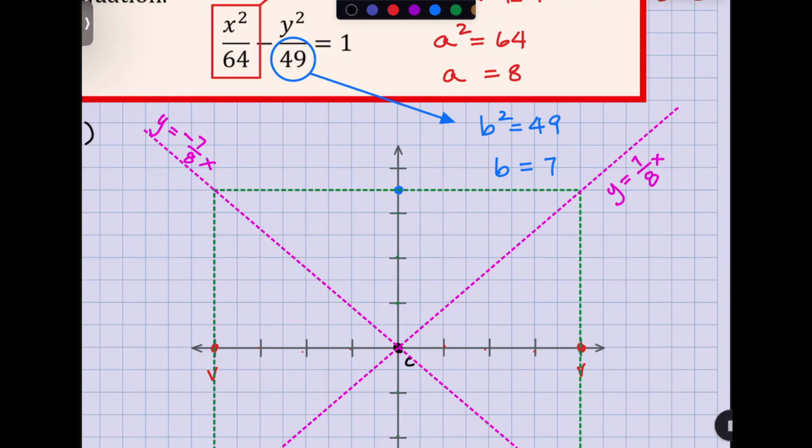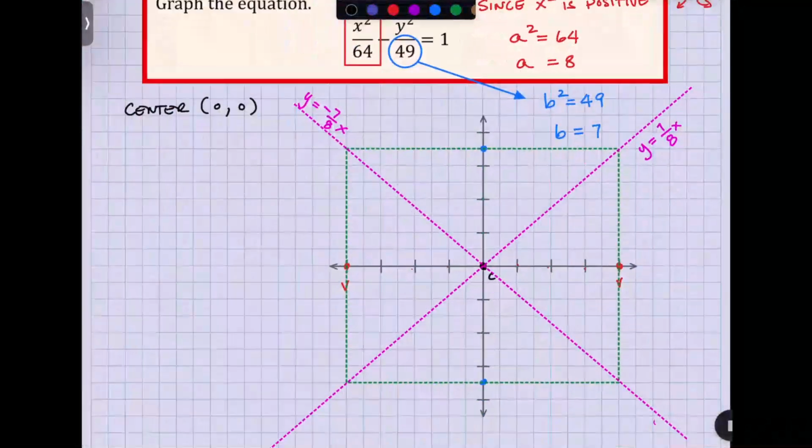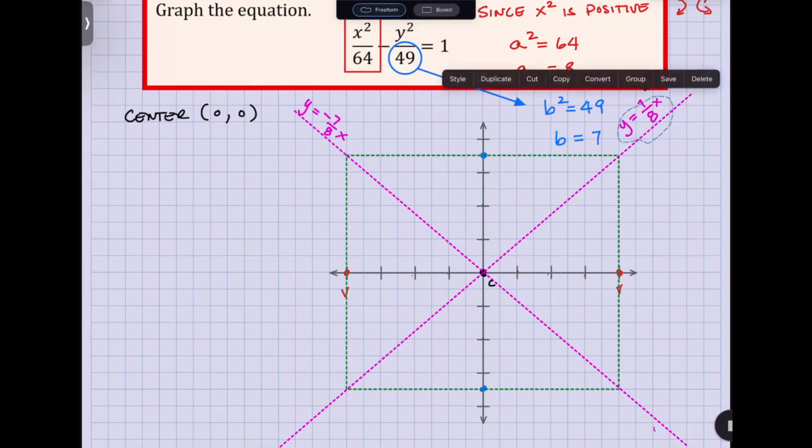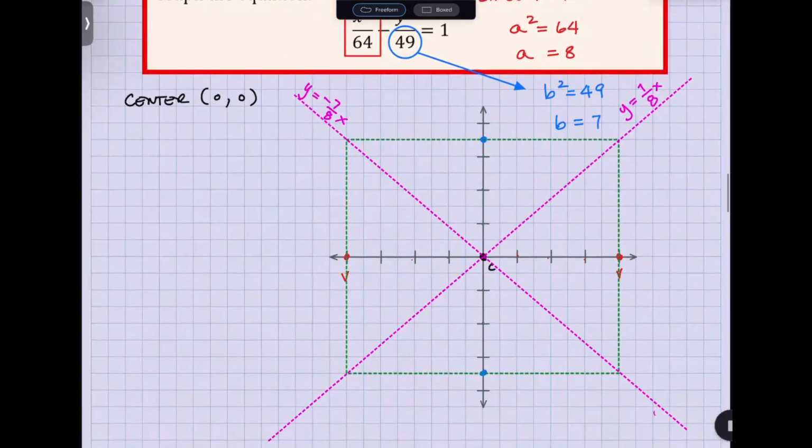So that's why I'd rather graph it, see it, and go, okay, I see this, that's my run, this is my rise, so that's my slope. Right? Because, let me do this as well. Here's the thing. I can draw this now. Because the graph is going to look something like this.